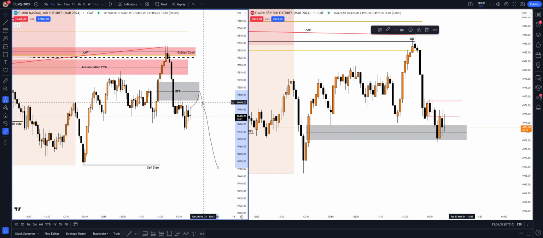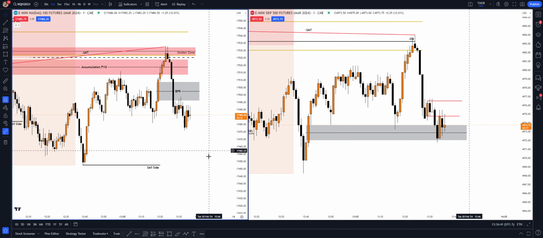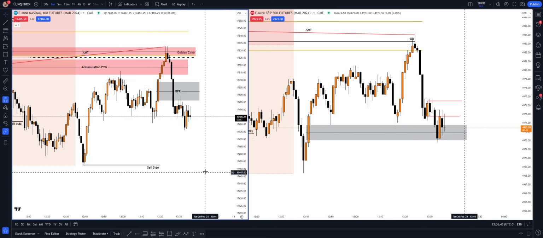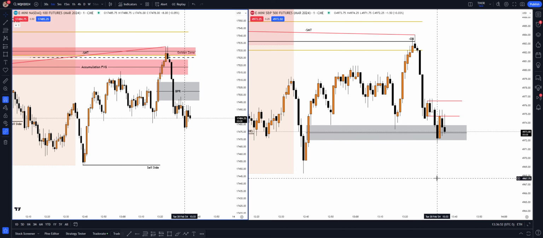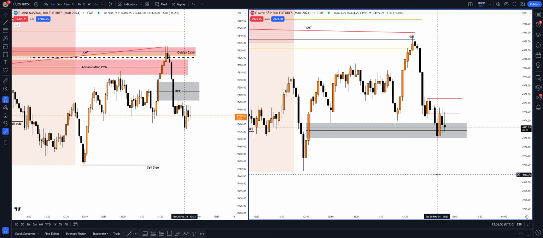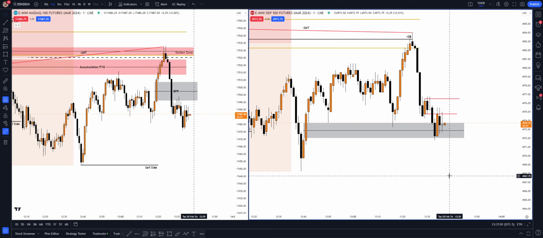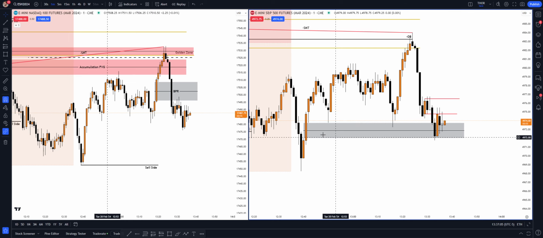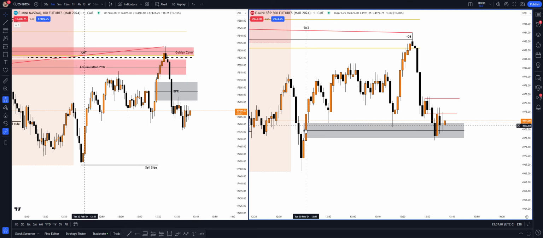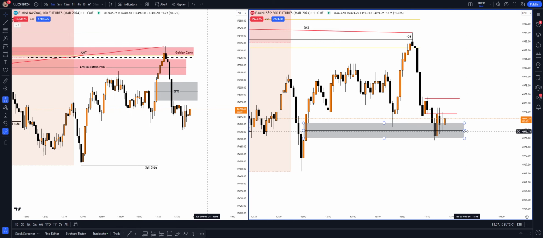Same deal on Nasdaq, so I don't want to see the CE anymore. See, it's spending too much time in this fair value gap, which is usually not a good sign.